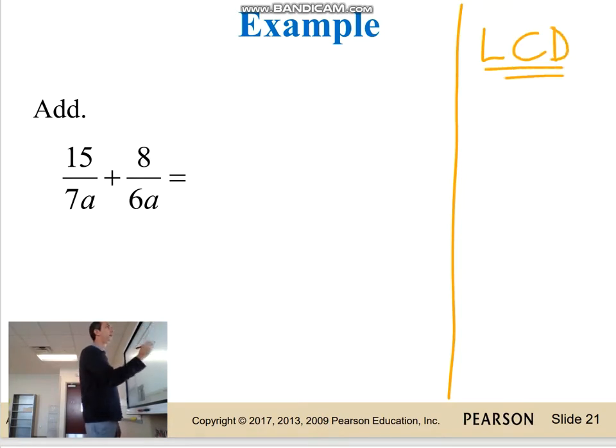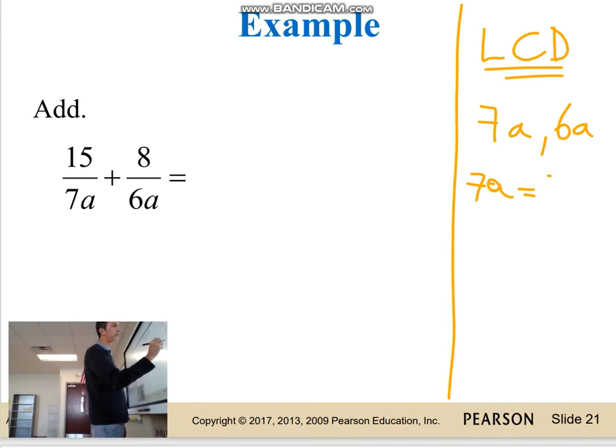Okay, we have 7a and we have 6a. If we factor completely, the first one is 7a. We cannot factor the number because 7 is prime, it's just 7a, but 6a equals 2 times 3 times a.